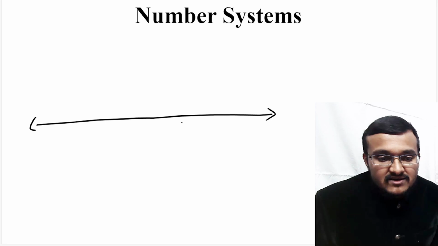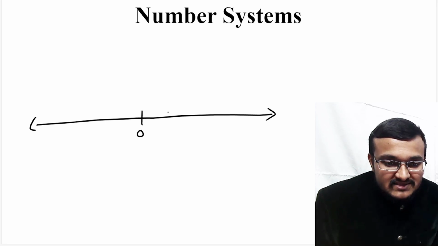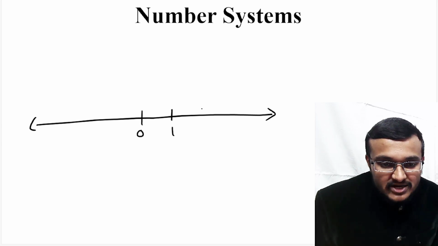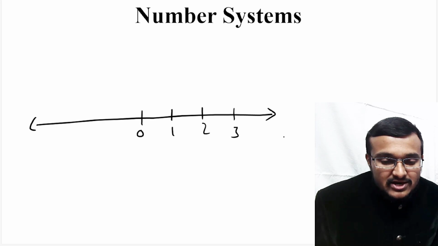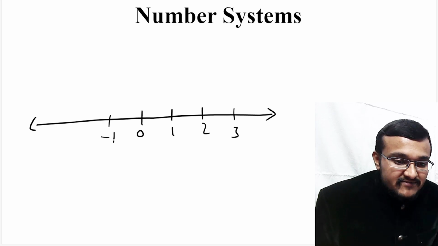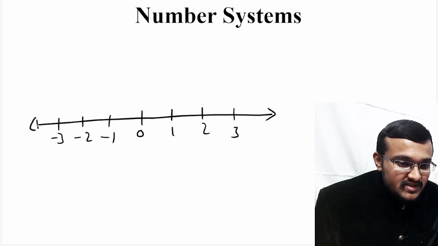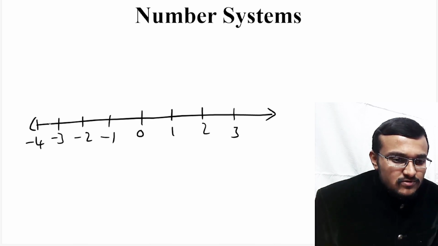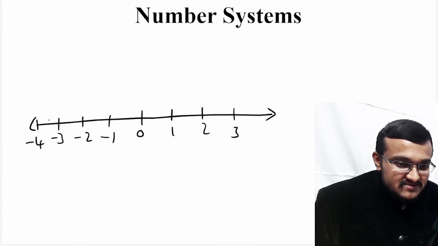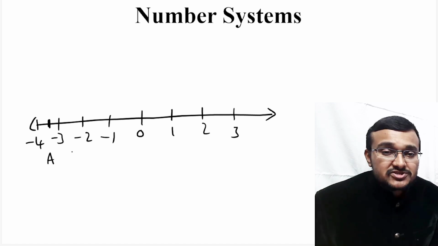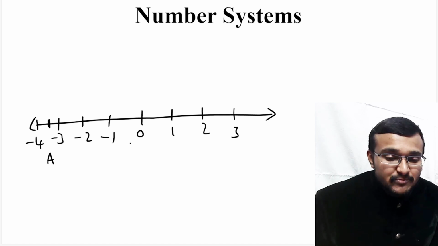So if you do that, if you have a number line like this, that is starting from 0, 1, 2, 3, and on the left hand side of number line you have minus 1, minus 2, minus 3, minus 4. So here from this particular position, that is minus 3.5, we can consider as A because distance between A and B is 3.5.